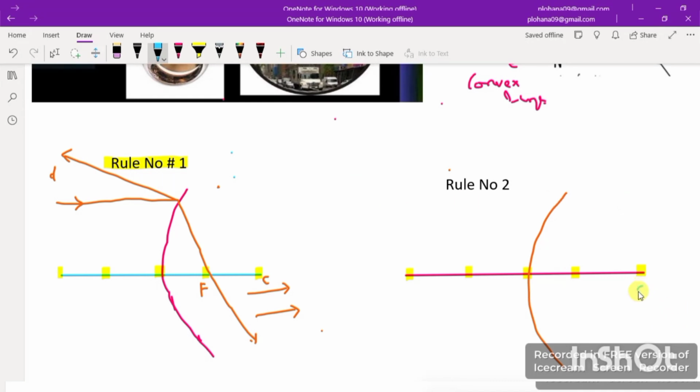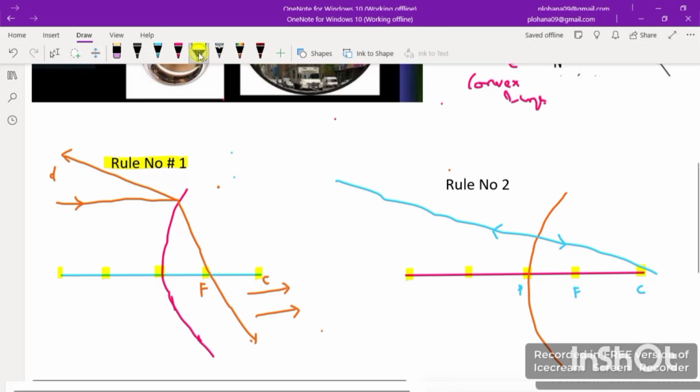Suppose I know that C is here, F is here, and P is here, right? If I make a line which is passing through this center point, this is the direction of the incident ray, and when it touches the mirror, it will reflect back along the same path, right?